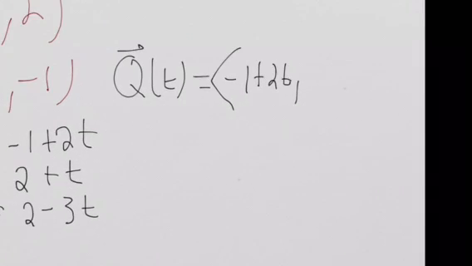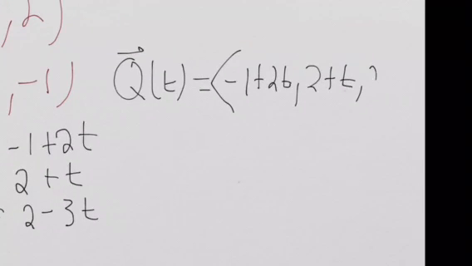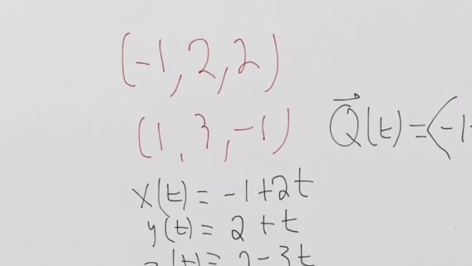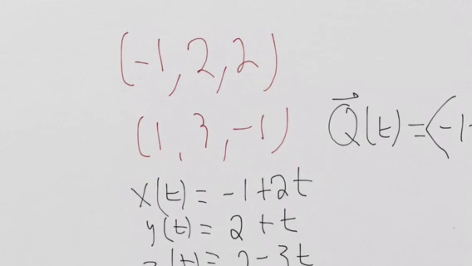Our y component is 2 plus t. And then our z component is 2 minus 3t. So what this is going to do is create a bunch of vectors in 3-space, and those vectors are going to change as time goes on. But the tip of those vectors is going to trace out the linear path of the object that starts here and then goes through here.